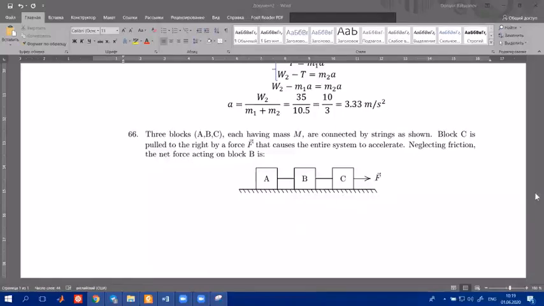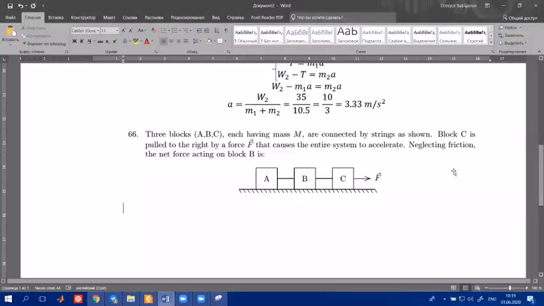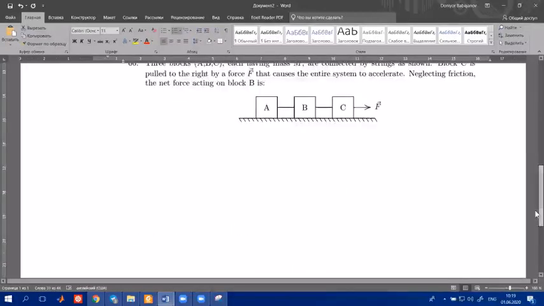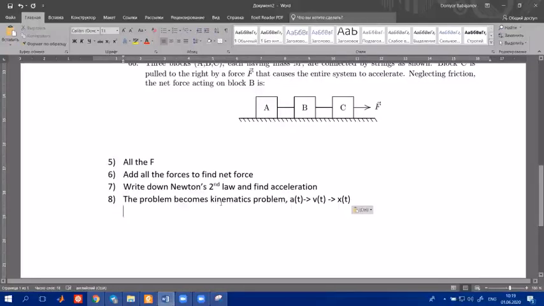Again, we use our algorithm to solve this problem. This is our algorithm.